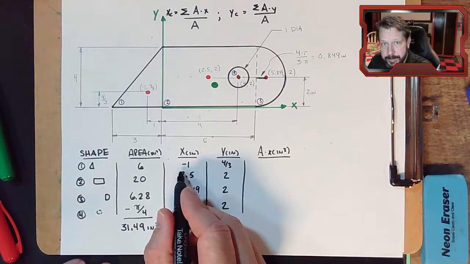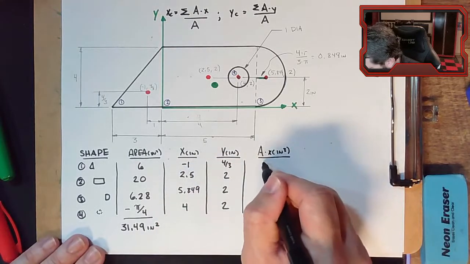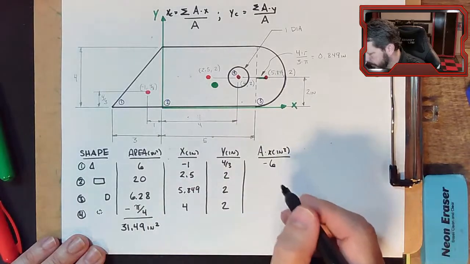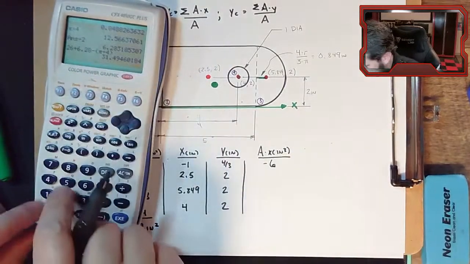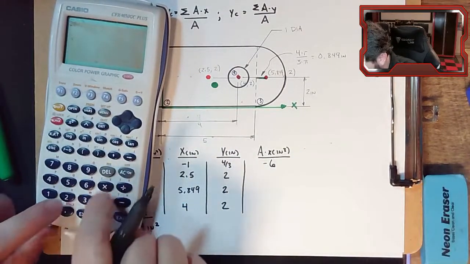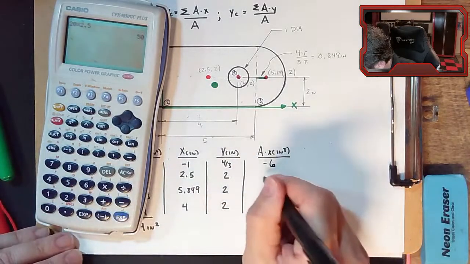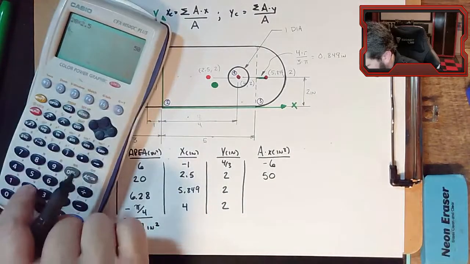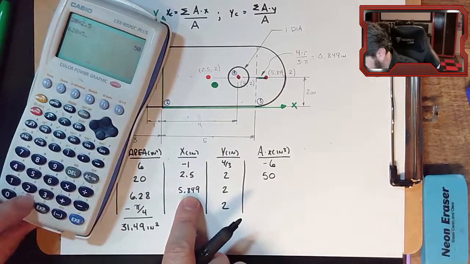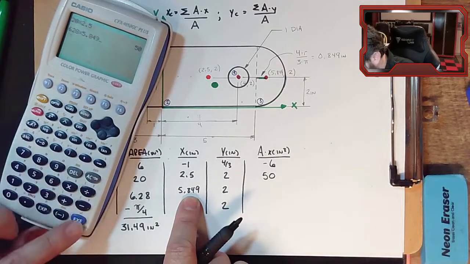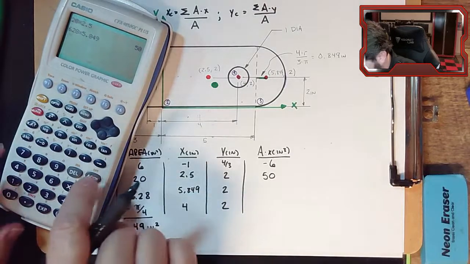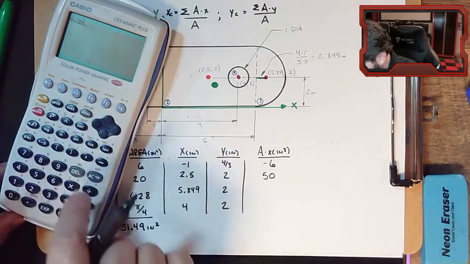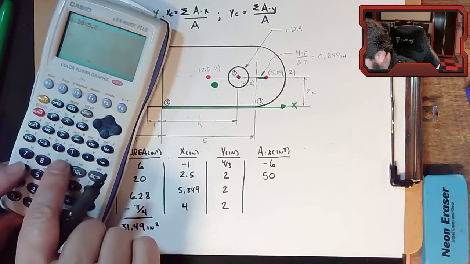That negative is important, so this is -6. 20 times 2.5 is 50, right? Yes. 6.28 times 5.849. Oh wait, I did 628. All right, hold on. 6.28 times 5.849.